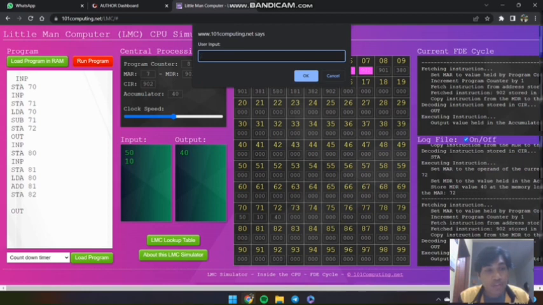The first value of P goes to register 70, 50, and Q goes to register 71, and the answer I put in register 72, so we get 40.